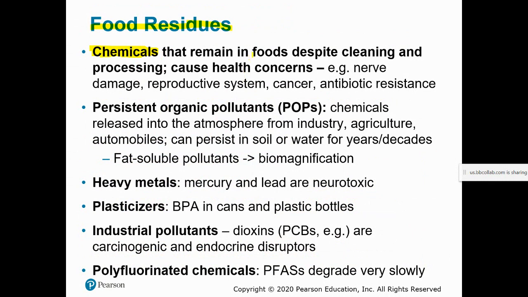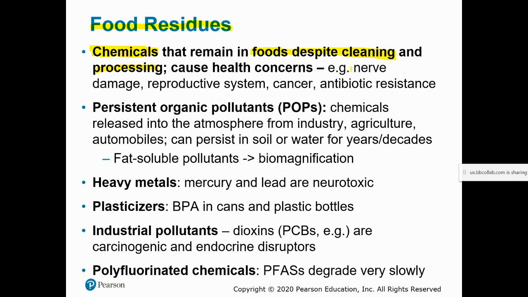So these are residues that remain on or in a food no matter how much you clean it or process it. And these chemicals can cause health-related issues. What's interesting about chemical residues is that they don't cause illness so much as they cause pretty severe symptoms, I guess.